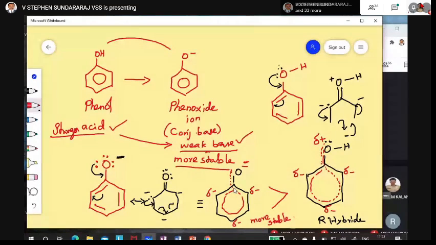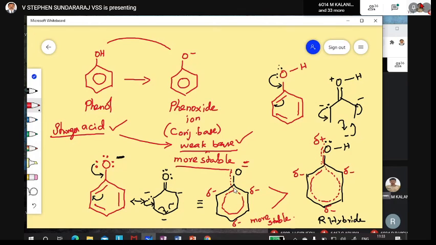Okay, but here both are about the charges. Any resonating structure, as well as finally the hybrid also, if charge separation is there it will be less stable than without charge separation.